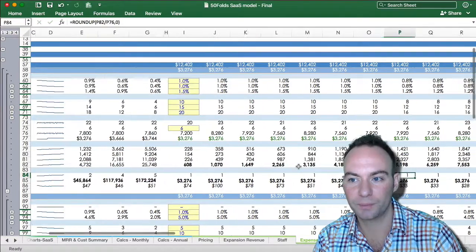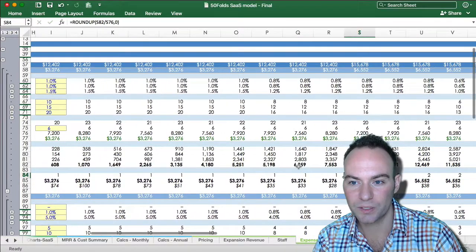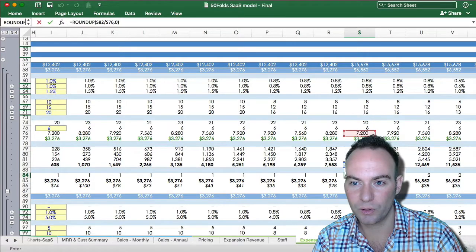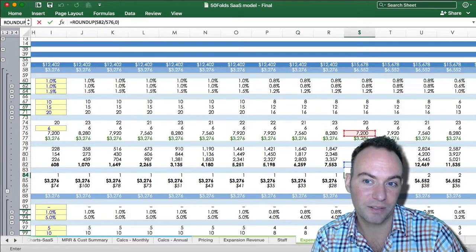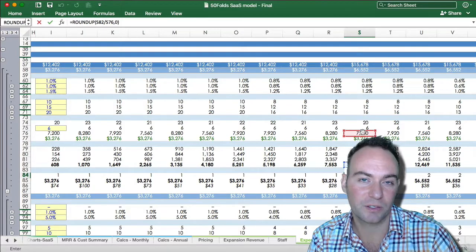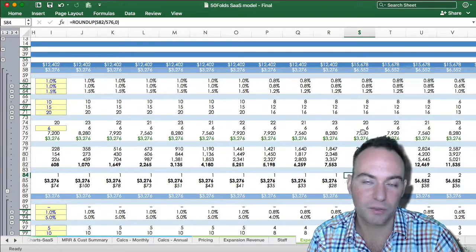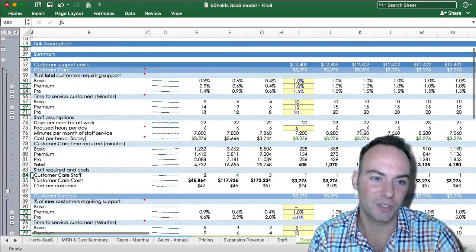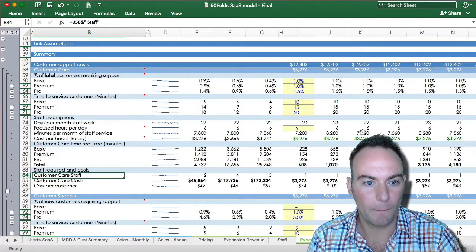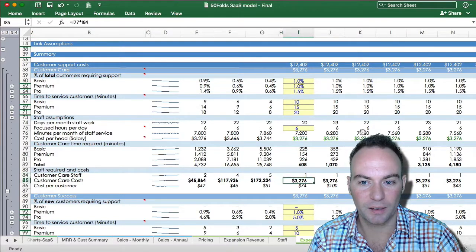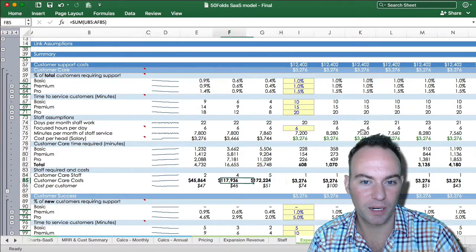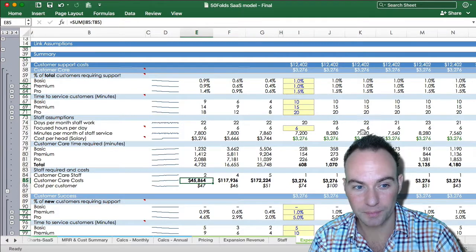But at some point, see here, that your number of customer requests in terms of minutes is 9,000, but it takes you 7,200 for each person. So to round that up, you'll need 2 people to actually be able to respond to all those requests each month. Now, times that by your salaries, and you know the amount of salaries you're going to have to pay for those 2 people.